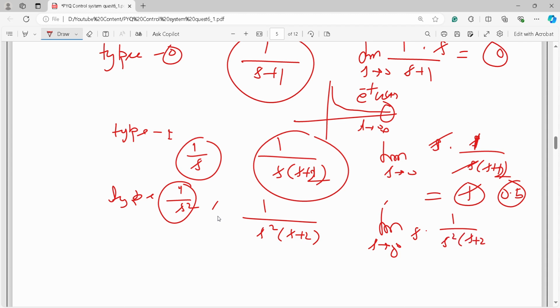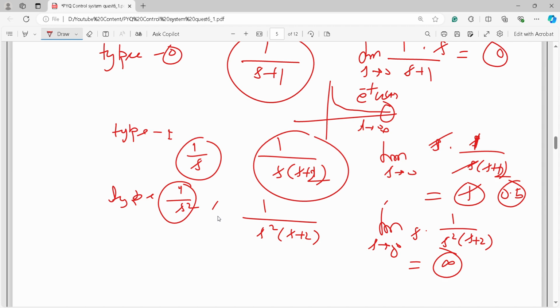All right, then you will get an infinite value. It means if your system type is 2 or more, then the system diverges and the final value goes to infinity.